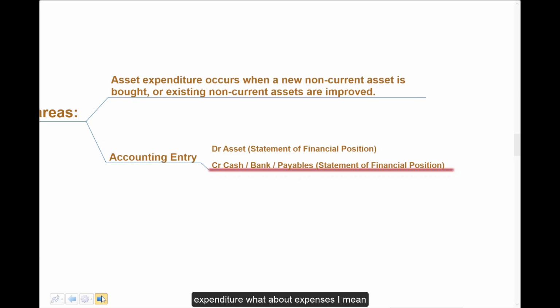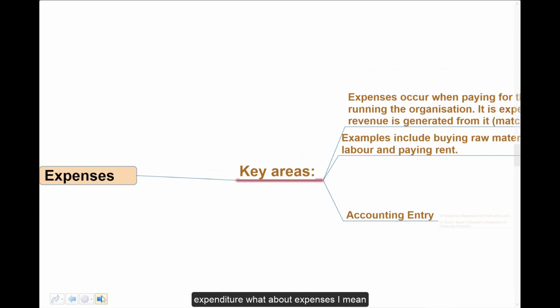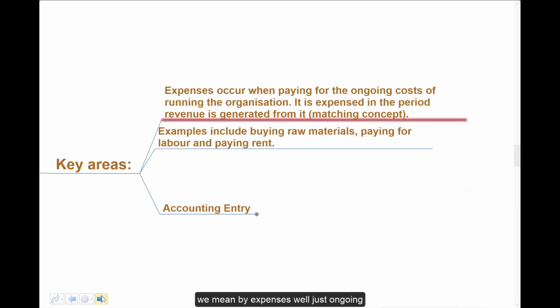So that's asset expenditure. What about expenses? I mean, obviously expenses are relevant. What do we mean by expenses? Well, just ongoing costs of running the organization. Certainly expenses are expensed. What do we mean by that? Well, we basically match them to the current period. Expenses might include, for example, raw materials, paying for labor, paying for rent.